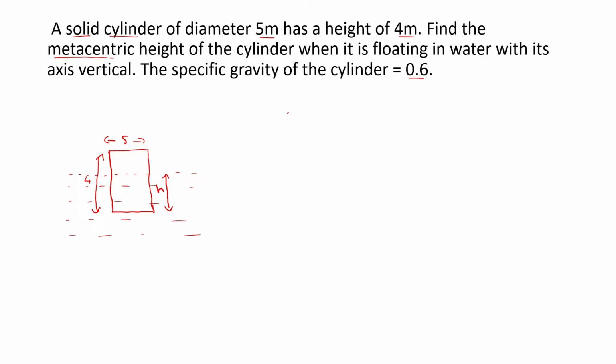So for that, first we will find the density of the cylinder, that is 0.6 into 1000. Because specific gravity is given as 0.6, so that is 600 kilogram per meter cube. Since the body is floating, according to Archimedes principle, the weight of the cylinder is equal to the weight of the fluid displaced.